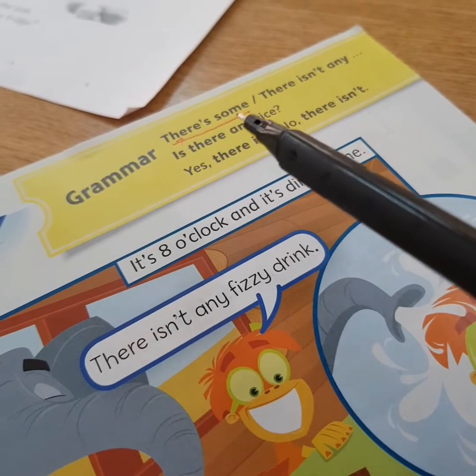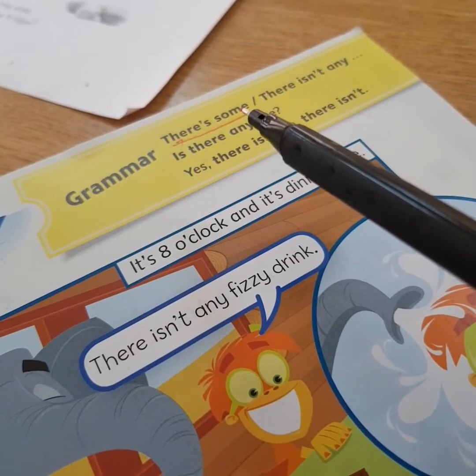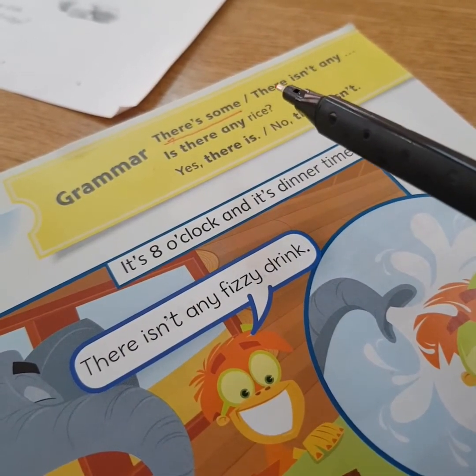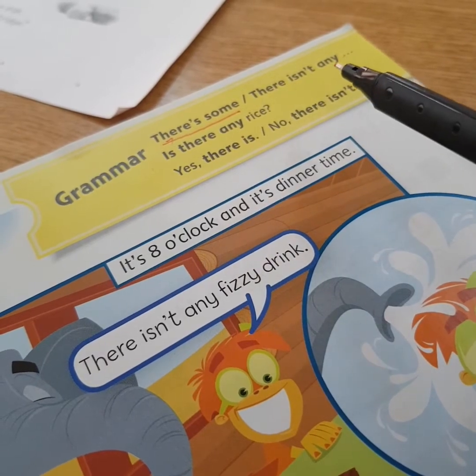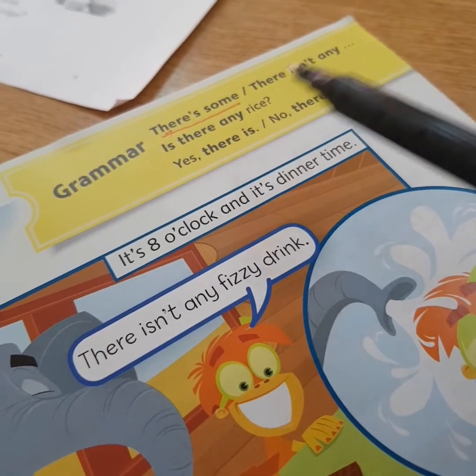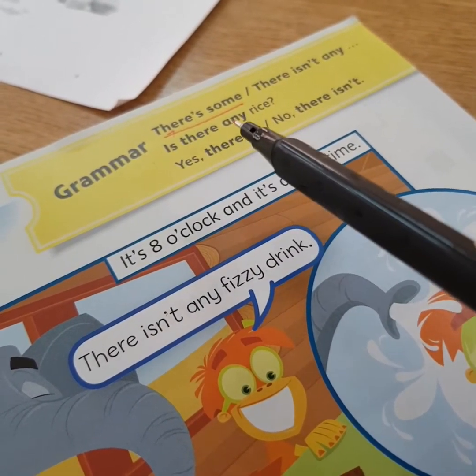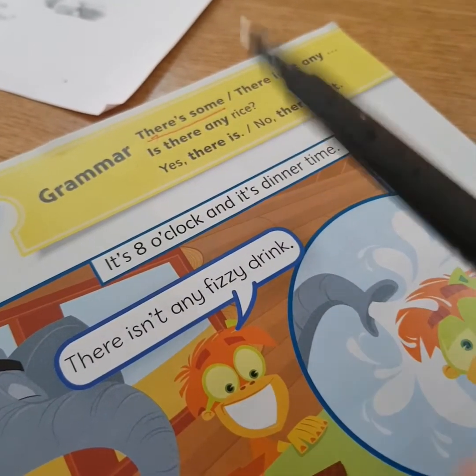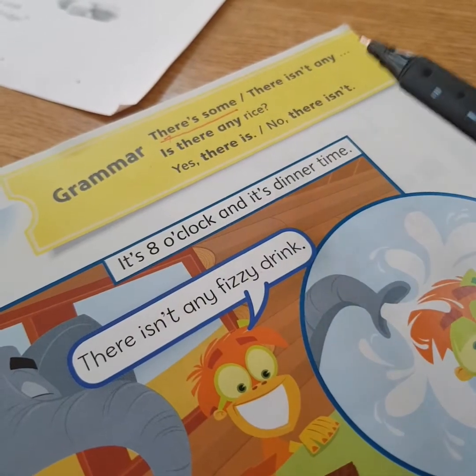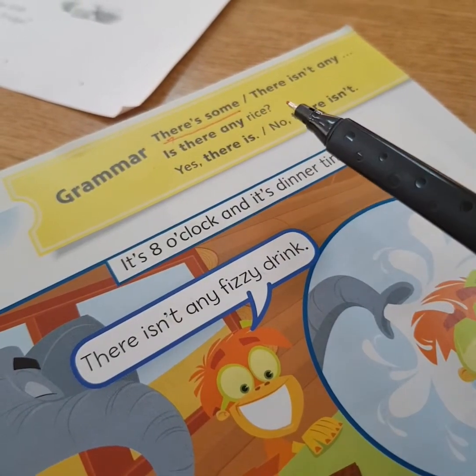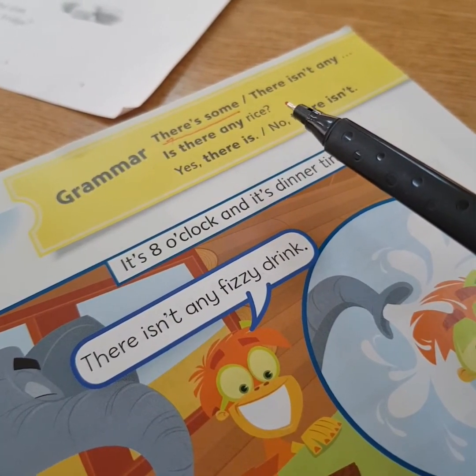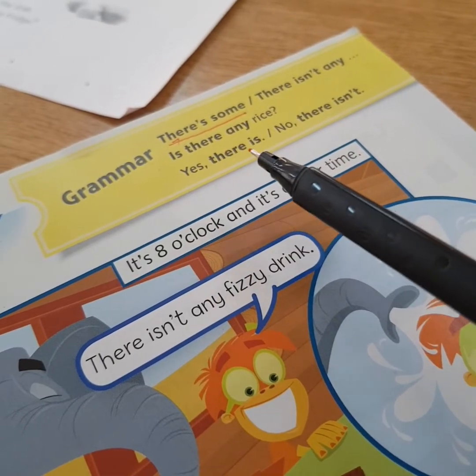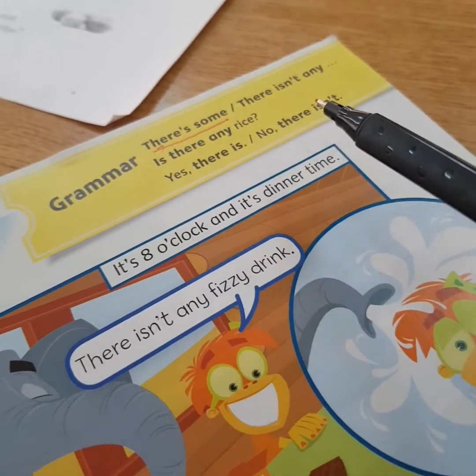I use there is some with affirmative sentences. I use there isn't any with negative sentences. Is there any with questions. Okay, let's see the answer to this question. Is there any rice? The answer will be yes, there is, or no, there isn't.